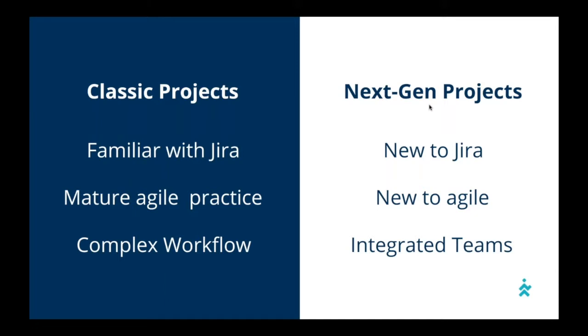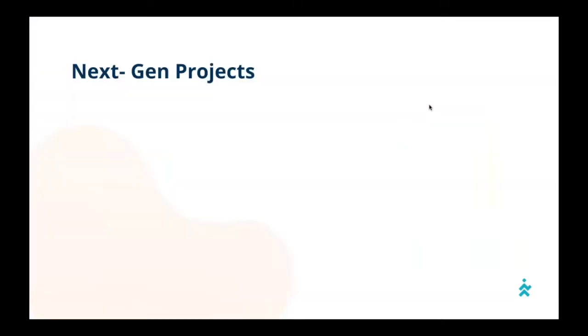So we are here to help you with next-gen projects, okay? These are the main features that we have with next-gen projects. The teams can create and configure their own project. It's not necessary anymore to contact the admin side, to open a request for your Jira admin to create a new project or start a new configuration. The teams and the people can create new projects in Jira.